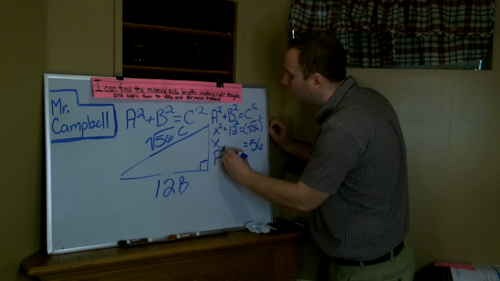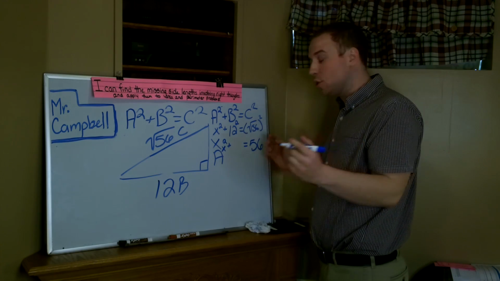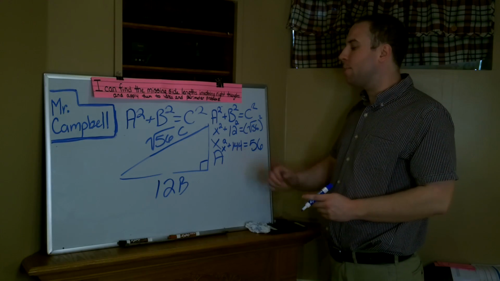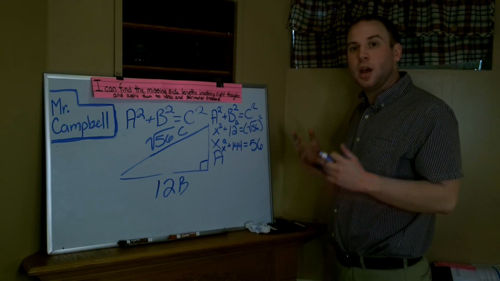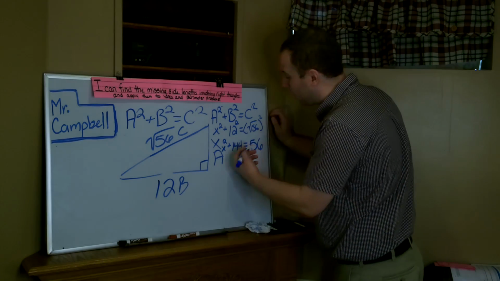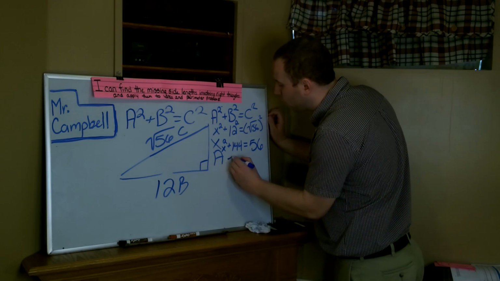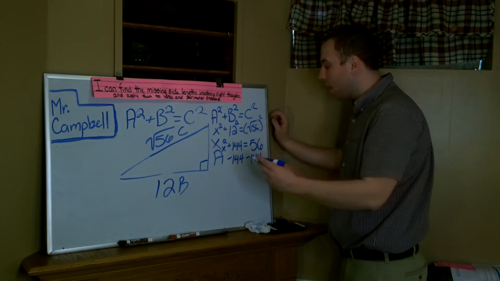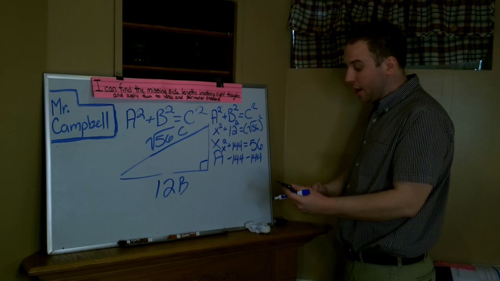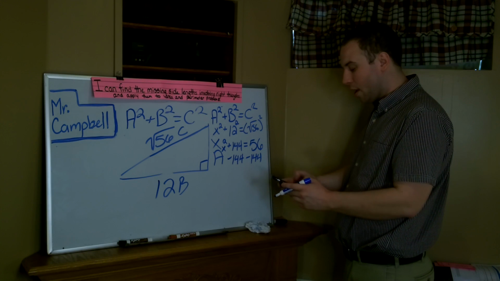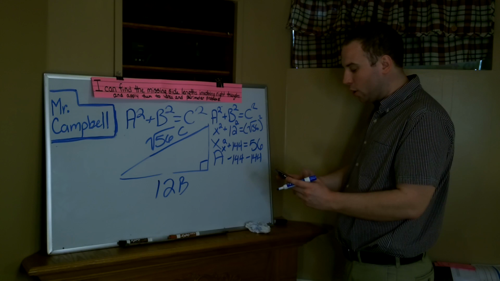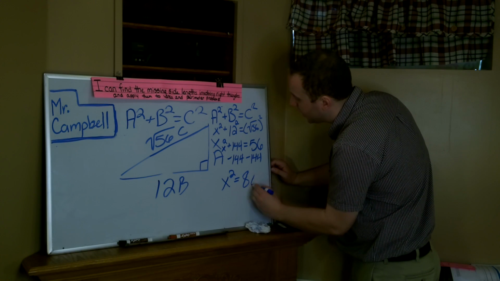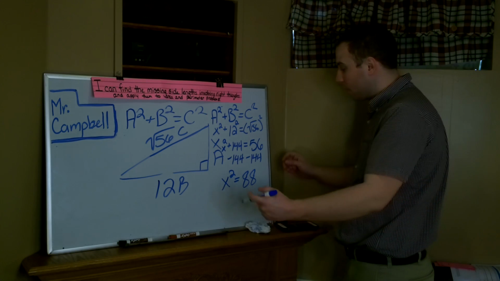So now we're left with x squared plus 12 squared, which is 144. So now we have x squared plus 144 equals 56. In order to get x by itself, we're going to throw that 144 over to the other side. In doing so, we're going to end up with a negative number. 56 minus 144 gives us x squared equals negative 88.